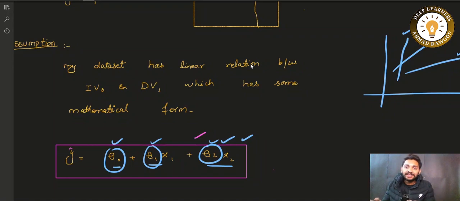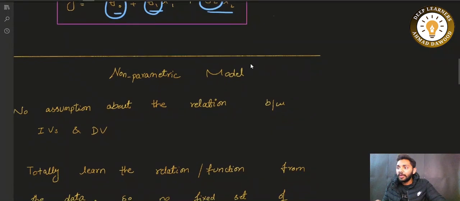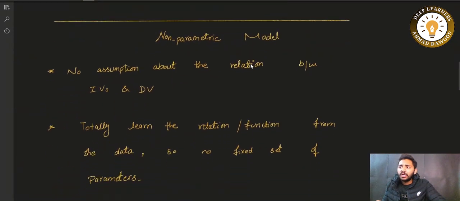On the other hand, in the case of non-parametric models, you are not making any assumption about the relation, about some mathematical form that exists between input and output variables. So what you will do is just pass your training instances to your model, and you leave all the responsibility to the model.